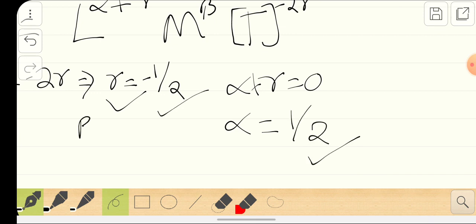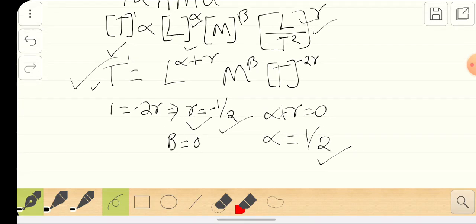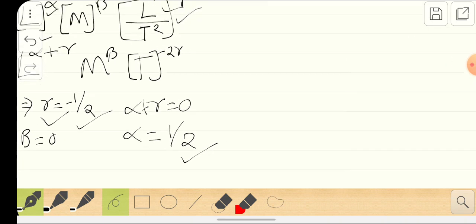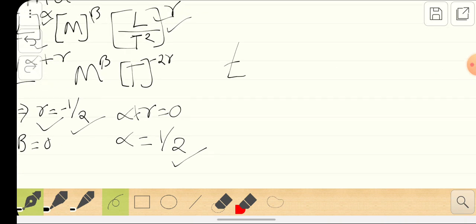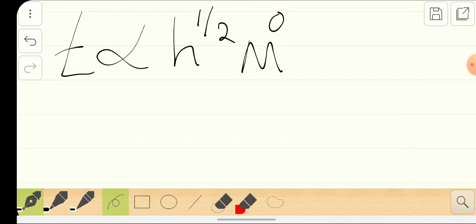And beta is equal to 0 because there is no mass term on the left side. So we got alpha, beta and gamma. So T is proportional to height raised to 1 by 2, mass raised to 0.